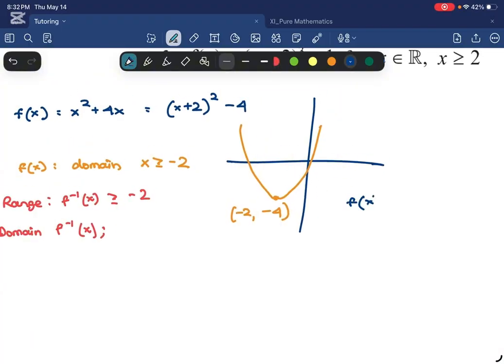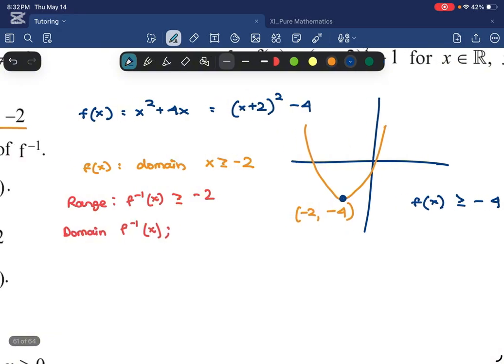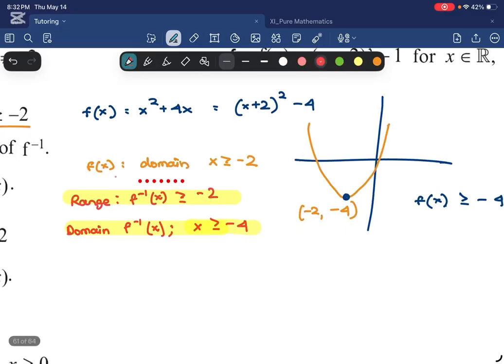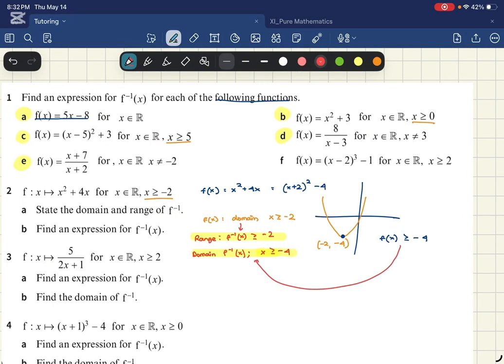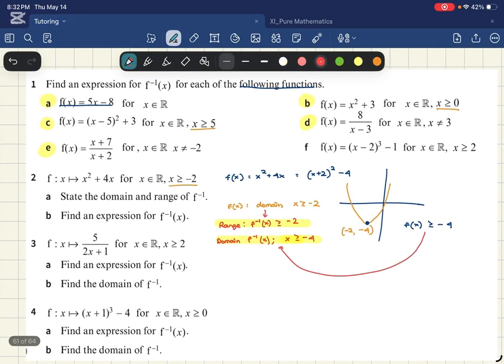Well, f of x is bigger than or equal to -4, right? -4 is the minimum point, and it's concave up, so every other value is going to be bigger than -4. So the domain is going to be x bigger than or equal to -4. So the range of f of x is the domain of f inverse of x. That is something you want to remember. So this is the domain of f inverse of x, and this is the range of f inverse of x. So the domain of f of x becomes the range of f inverse of x, and the range of f of x becomes the domain of f inverse of x. All right, and we need to find an expression.